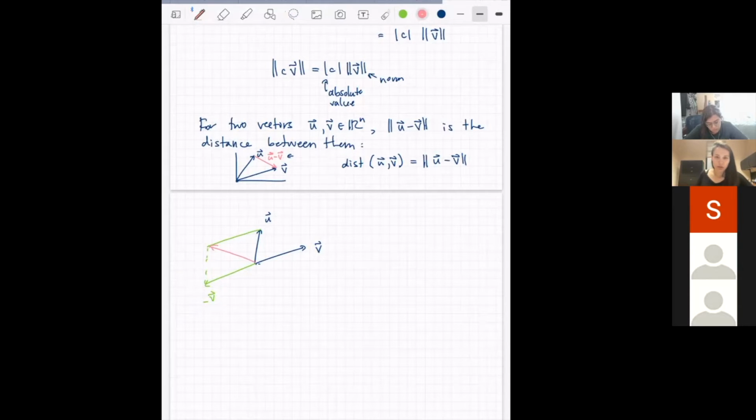Right there, that would be u minus v based at the origin, right? But you can just imagine translating it over here, so it'll be that vector with the same length.